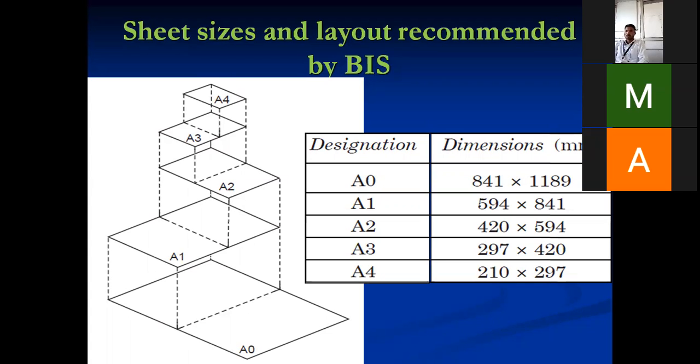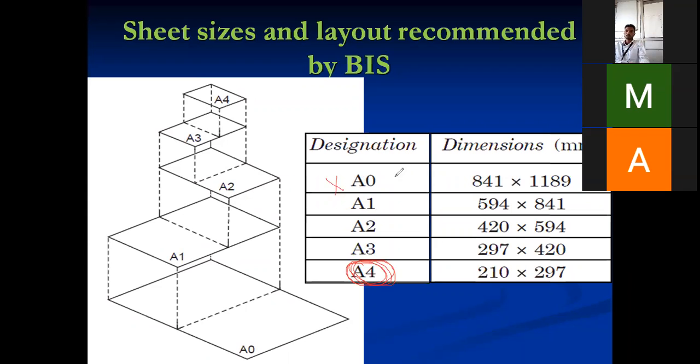Because in an oral question this always comes: how many standard sheet sizes are there? Immediately the answer comes, 4. Why 4? Because here it is a 4, and due to this, students immediately give the answer, sir, 4 different sheet sizes are there. Why not 4? Because we are not including this one.